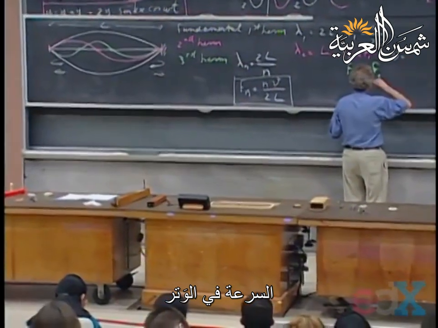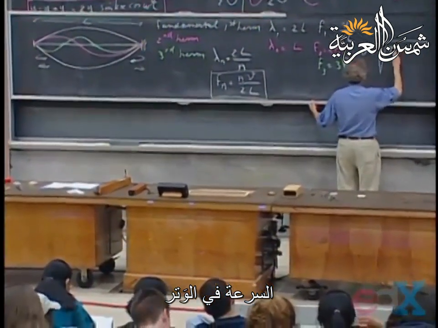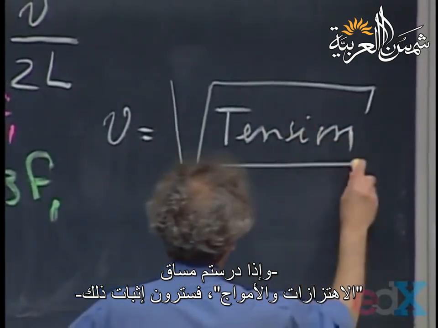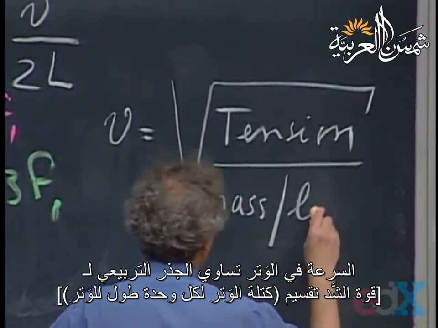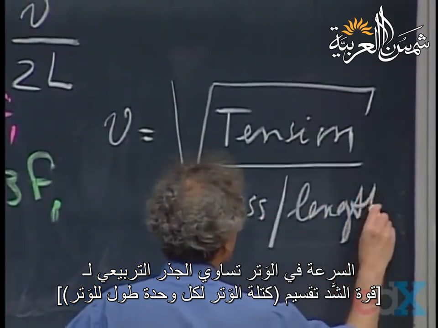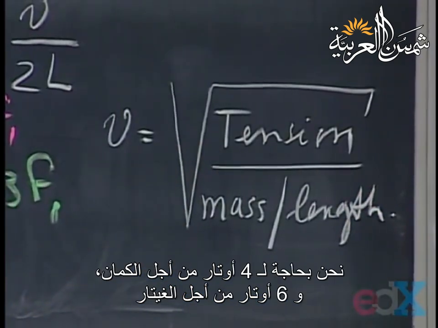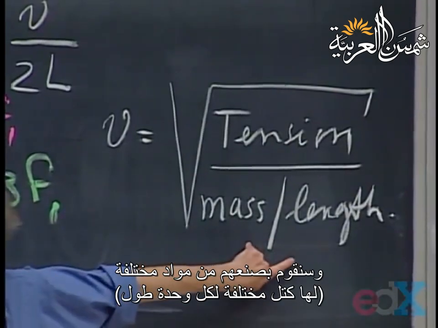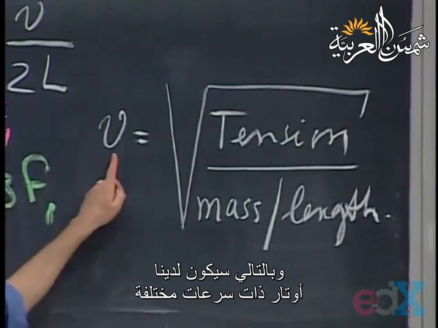The speed in the string is the square root of the tension, if you take 803, you will even see a proof for that, divided by the mass of the string per unit length of the string. So you take 4 strings for a violin, 6 for a guitar, and you make them out of very different material, different mass per unit length. And so that gives you then different velocities.